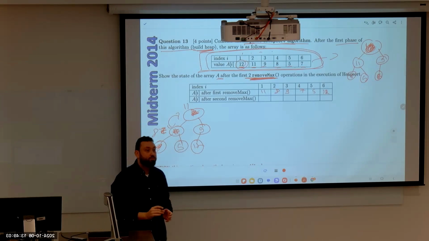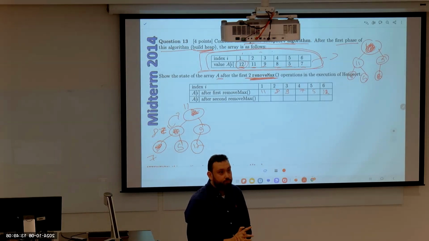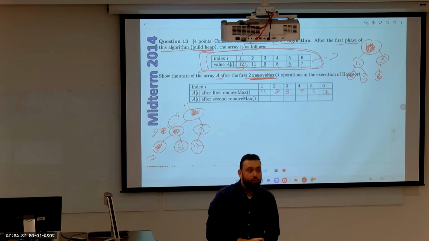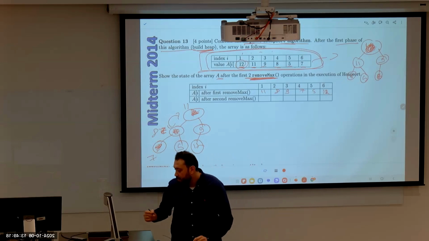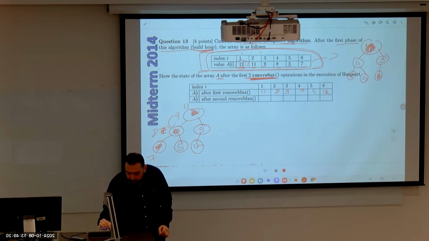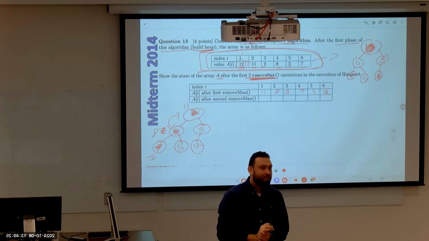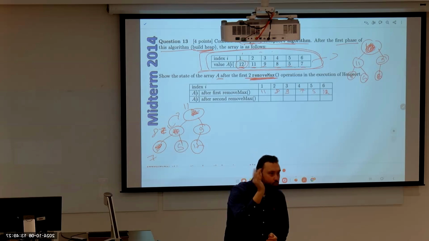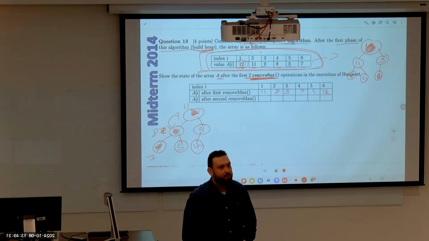Yes. Still a question. If I remove the max, do I really need to write it like as a leaf? Do you need to add it? Yes, because we said this is an in place heap sort. If it's in place, you need to swap it with the last element. If you're just removing without in place, no, you're going to remove it and put it on the side.